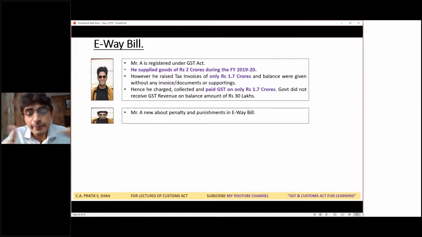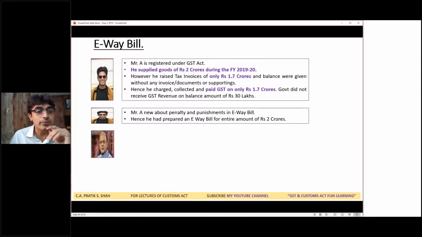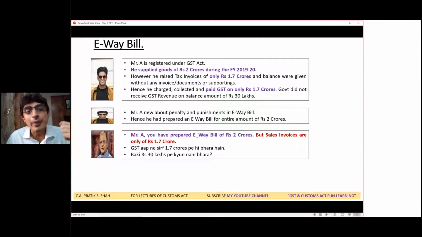But to avoid penalty, to avoid detention of the vehicle, he had prepared the e-way bill of rupees 2 crores. Now see, government comes immediately and says, Mr. A, what is this? You have prepared an e-way bill of 2 crore, but sales invoices of only 1.7 crore. How is that possible? You paid GST only on 1.7 crore. Who will pay on the rest?